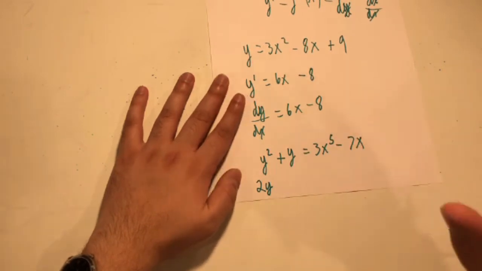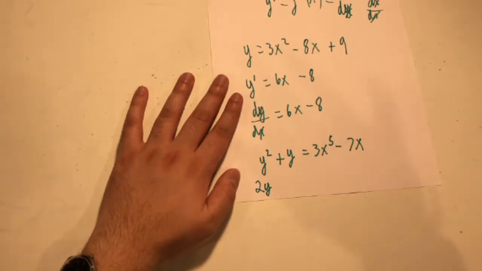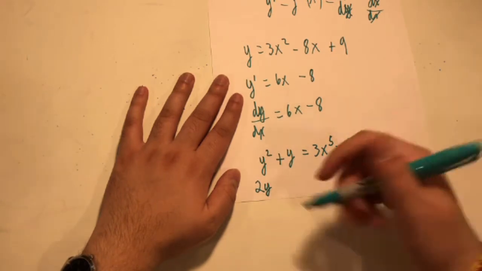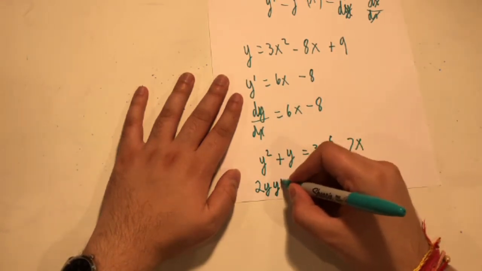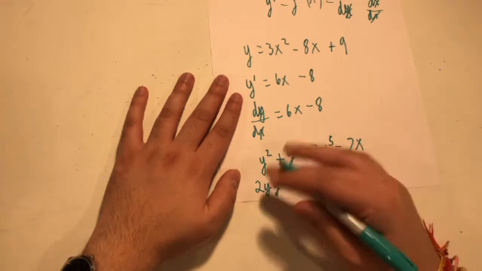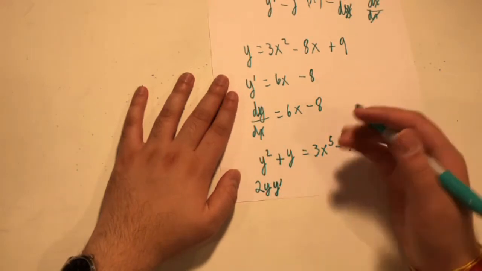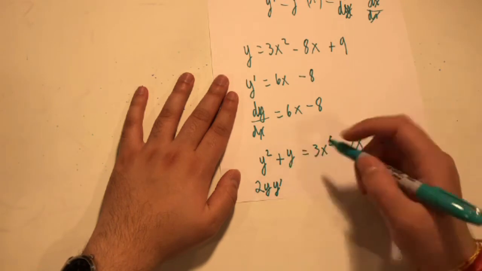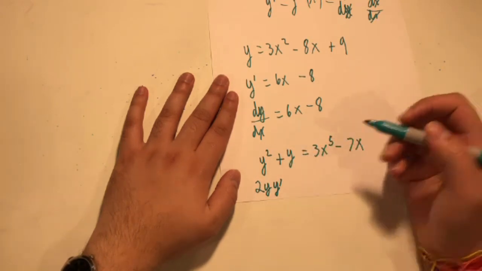Now, important thing, because you're finding the rate of change of y as x changes, for all of the y's that you differentiate, you need to tack on a y prime, right? Or a dy dx. So then the derivative of y should just be the constant up in front, which is 1.